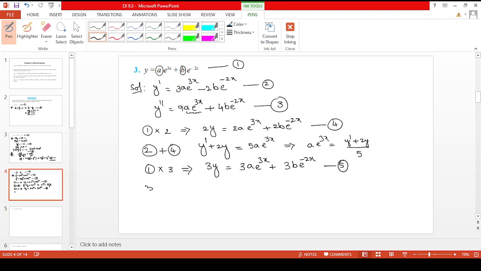Now fifth equation minus second equation is fine. So 3y minus y dash equal to 3a into e power 3x plus 3b into e power minus 2x minus the second equation, which means minus 3a e power 3x plus 2b e power minus 2x.